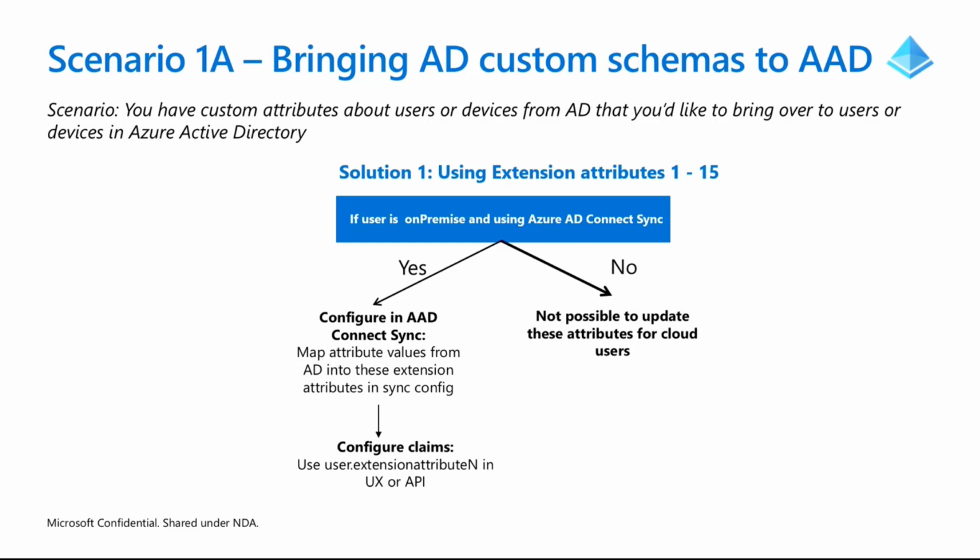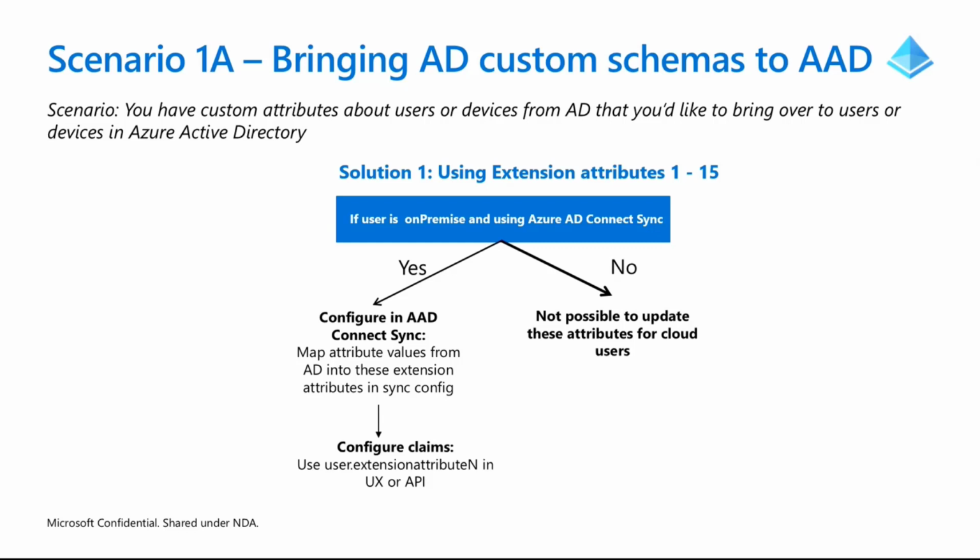If the user is not on-premise and is a cloud-only user, you cannot use them. That means you cannot populate those extension attribute values for that user because it's a cloud-only user. Again, I would like to remind you, as we talked about in the slide before, extension attributes 1 through 15 cannot be populated by any other source. MS Graph will allow you to read it, but it will not allow you to write it.